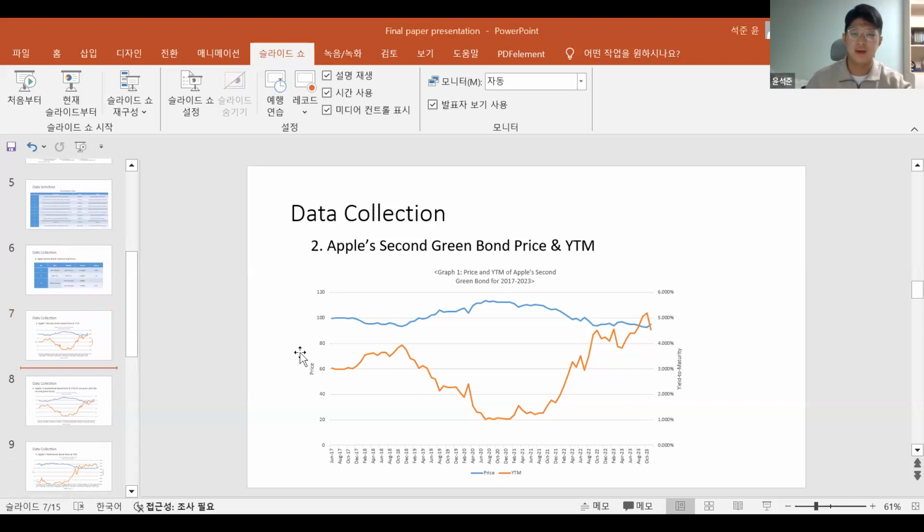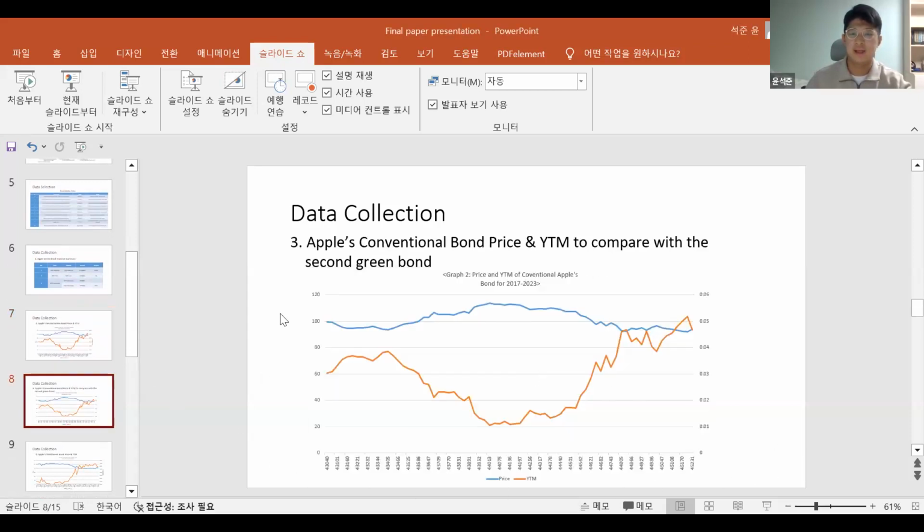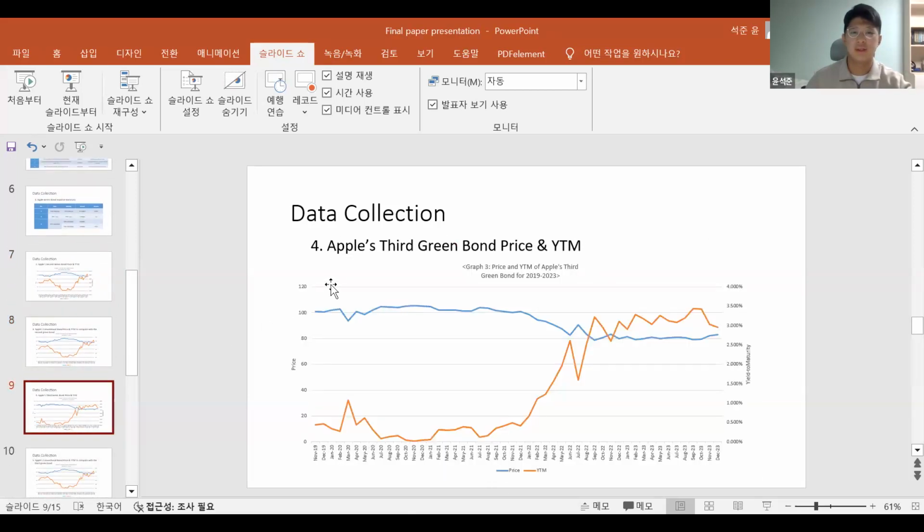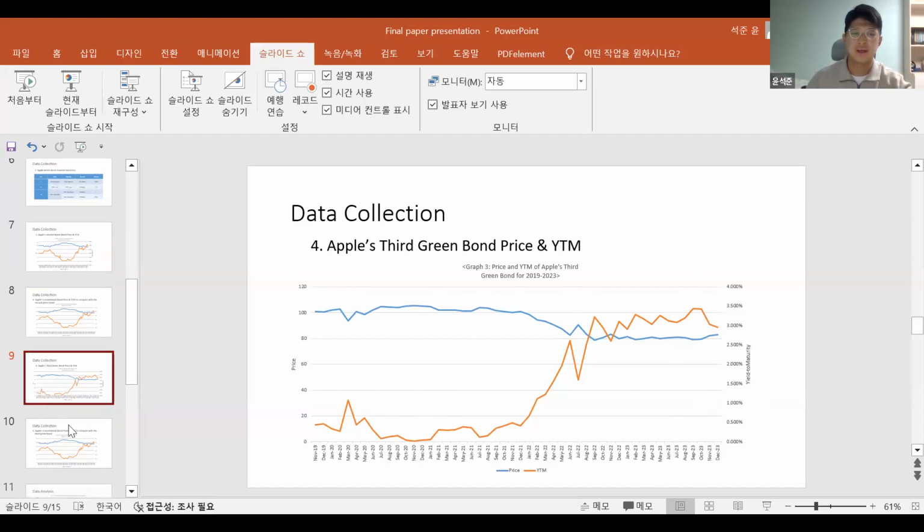The price and YTM data is as shown. For the third green bond that Apple issued, the price and YTM from 2019 until now are shown like this. The third green bond was divided into two green bonds in the bond market, one with a 0.5 coupon rate and one with zero coupon.